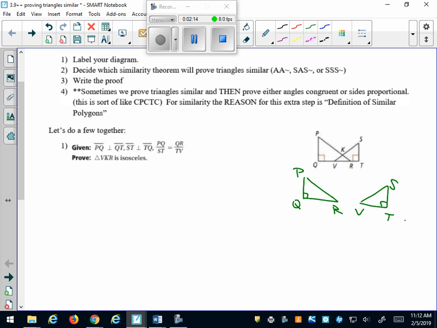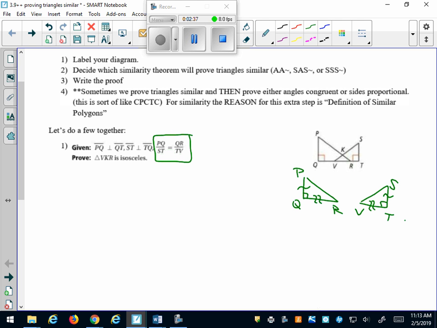Label the right angles. Now, remember, when you have a proportion like this, we have that little squiggle method, right? We can label the sides. PQ is to ST as QR, double squiggle, is to TV, double squiggle.